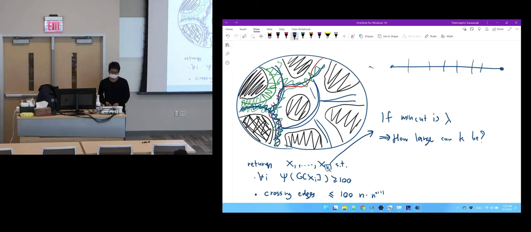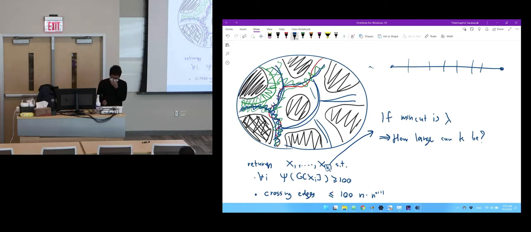So the intuition should be that when lambda is large, the min cut is large, which means the graph is more connected. So actually, n over lambda is correct.